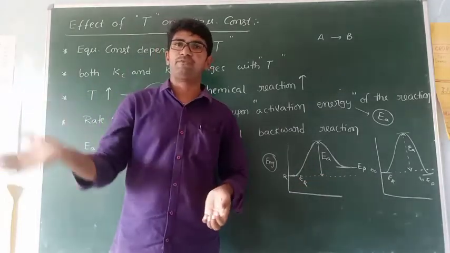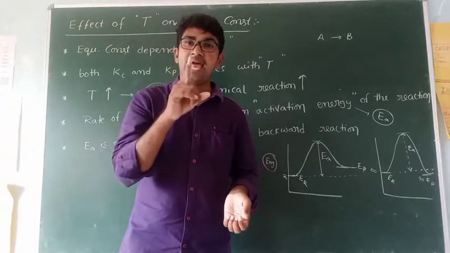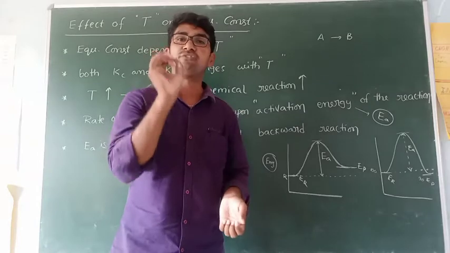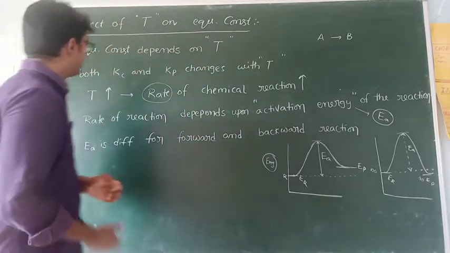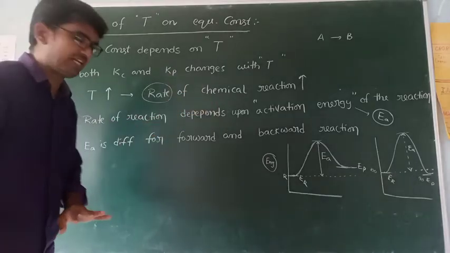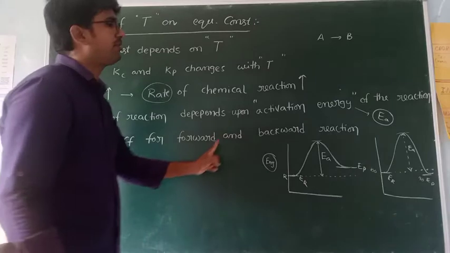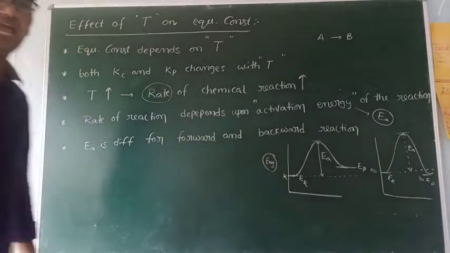That's why for the forward reaction and the backward reaction, activation energies are different. Okay, right. So rate of reaction depends upon the activation energy, but activation energy is different for forward and backward reactions.